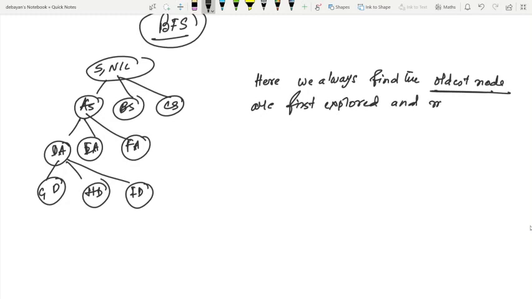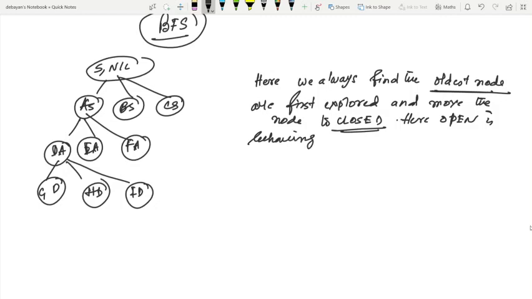and then it moves the node to closed. So here this particular open is behaving like a queue, and in the previous class we saw the example and the algorithm, what is open and closed.